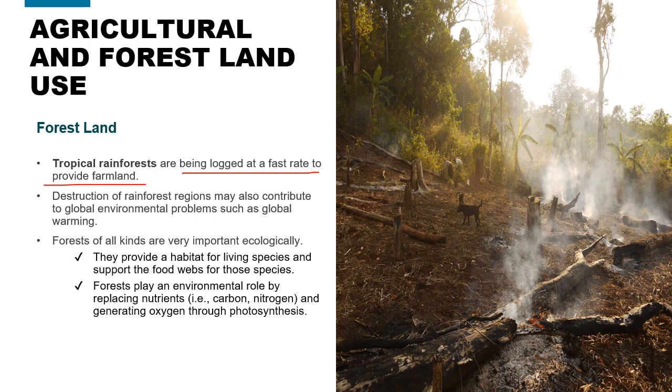Now, hindi naman nila nagagawang tamnan agad-agad yung nagputulan nila ng puno. Ang ginagawa nila is kino-convert nila ito sa farmland. So, instead na tamnan ng mga puno, magtatanim sila ng mga halimbawa ng mais, okay, ng mga palay, ng mga other kinds of plants.